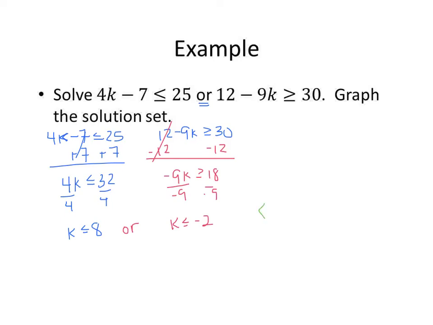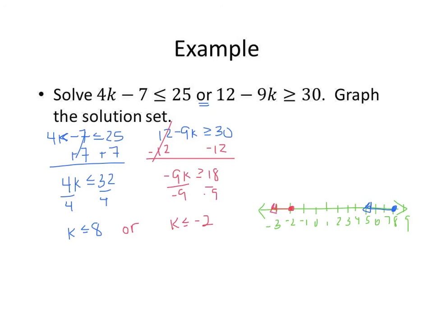If you graph this, let me see if I can count correctly here. The graph of k is less than or equal to 8: closed circle, arrow going this way. The graph of k is less than or equal to negative 2: closed circle, arrow going this way.